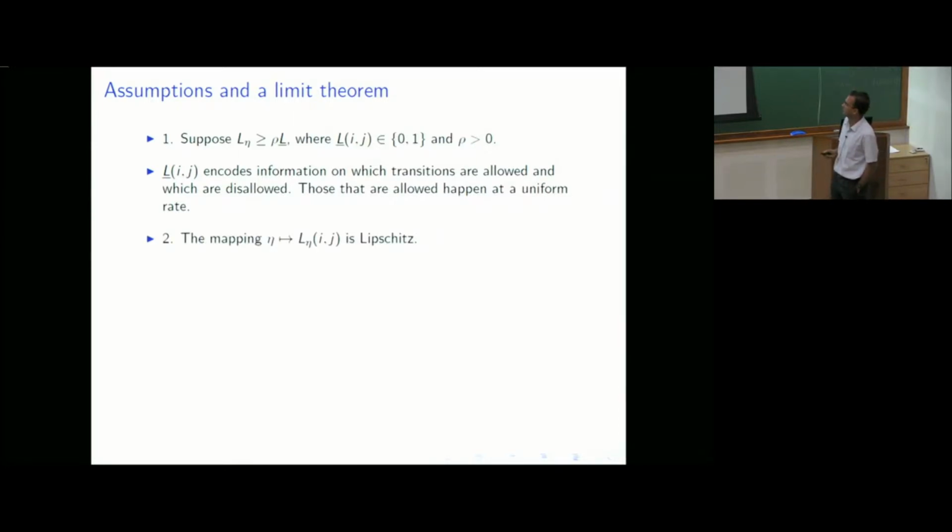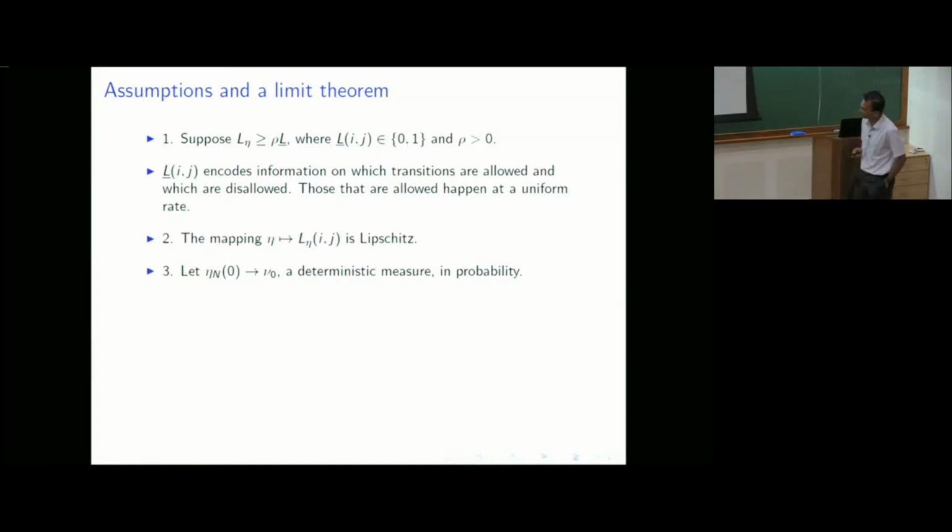Also, we'll assume that the mapping from eta to L eta ij for a fixed ij is Lipschitz. There are only a finite number of such pairs, so you can find one uniform Lipschitz constant for the entire L. Also, we'll assume that eta n of 0, the empirical measure at time 0, which could potentially be random, converges to some deterministic measure nu naught in probability.